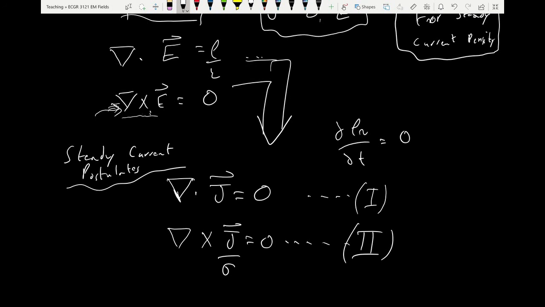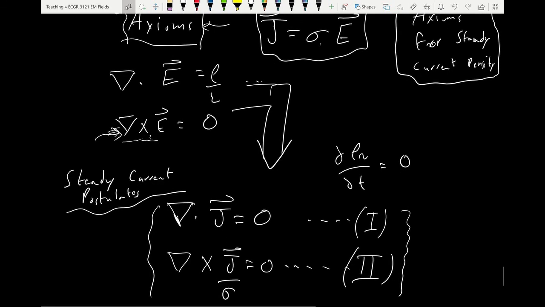So I can plug in J over sigma instead of E. The big reason is that a steady electric current generates a magnetic field, it does not generate an electric field. But we can take it for now as postulates. That's the point of postulates: you can lay them down without proving them.